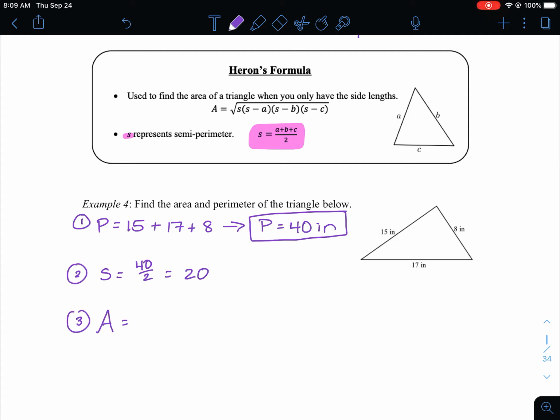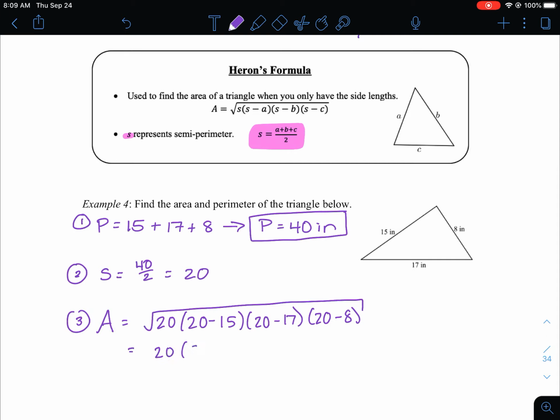To find the area, we take 20 times 20 minus 15 times 20 minus 17 times 20 minus 8, and then square root that.